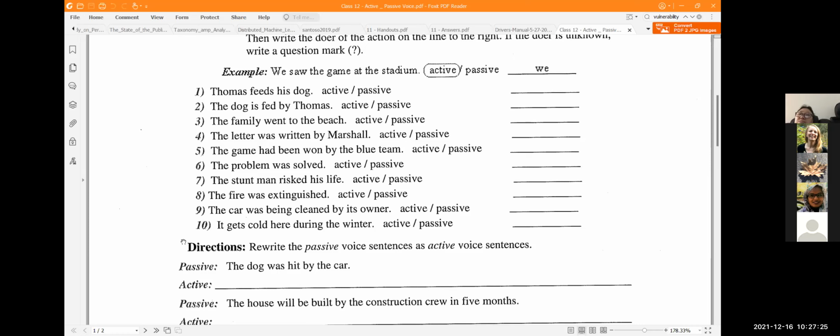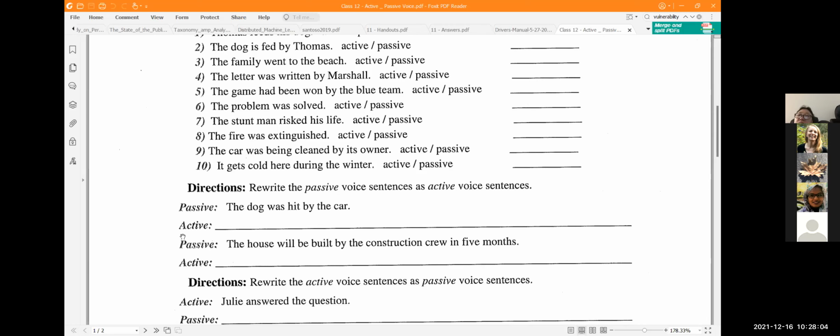We use the pronoun it to refer to the weather. Normally, when we use a pronoun, we have to say Hong gets cold in the winter. She always has a sweater. When we use a pronoun, we always have to know the noun that it identifies. But when we use the pronoun it on its own with some kind of description, like about the weather, then it refers to the weather. The weather gets cold here during the winter. Okay.